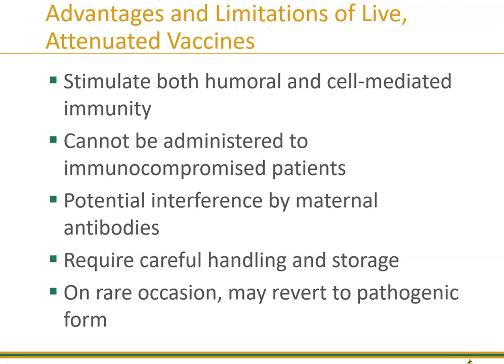Before we start giving a lot of chemotherapy and stem cell treatment, we will give vaccinations to try to elicit some kind of immune response. Sometimes this can cause interference with maternal antibodies also. These attenuated vaccines do have certain requirements for handling and storage. As you can see from the COVID vaccine, some of them have to be kept at ultra low temperatures, refrigeration, so it depends on what it is.